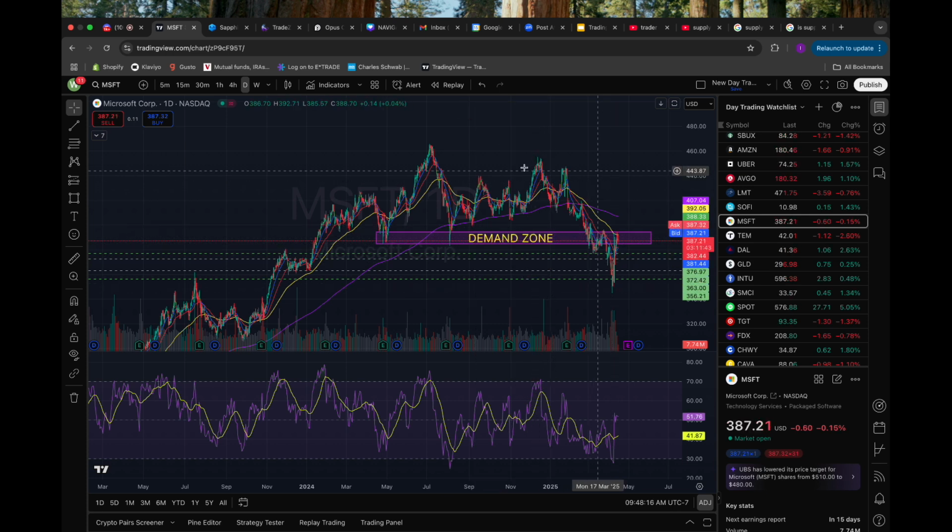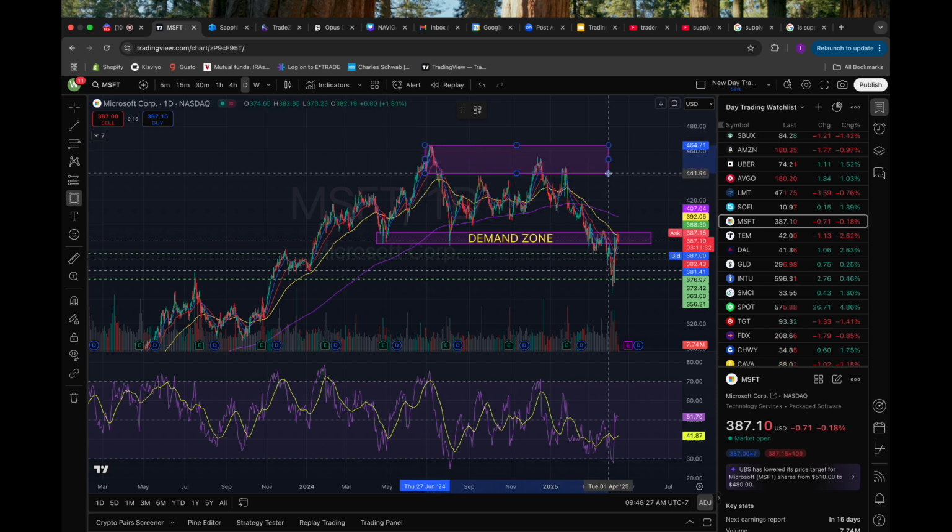And then we have a zone up here, right? We could say from here to here is a supply zone, right? Supply zone. So we're going to type this up in here.